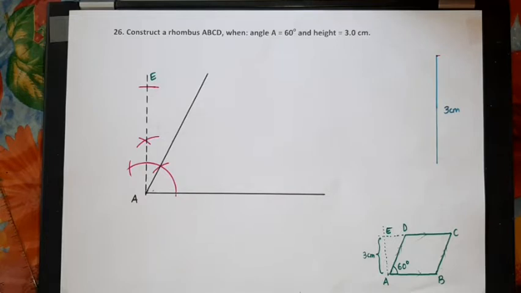Now from E, in order to make a parallel line, we'll construct a 90-degree angle, because this is also 90-degree, if we want to construct a parallel line.